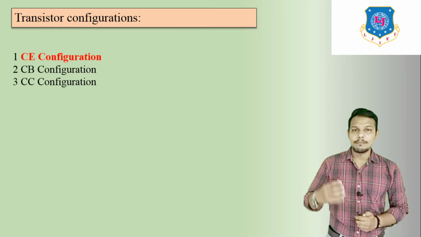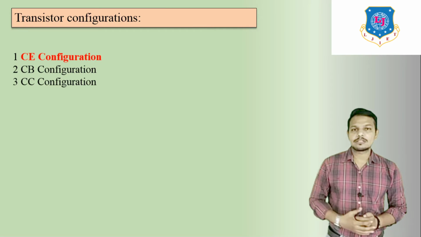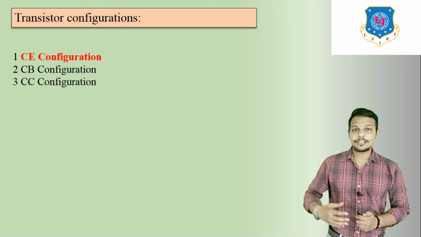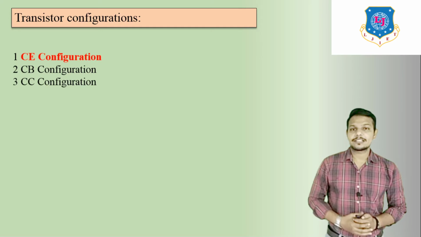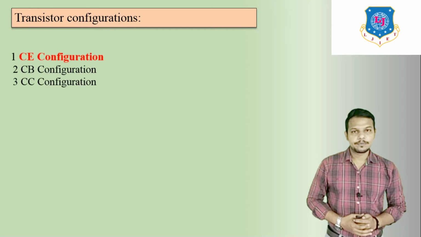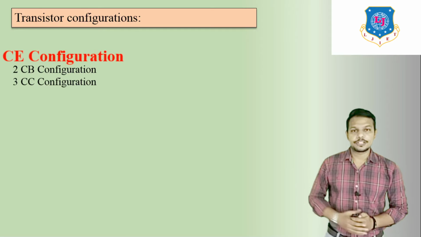If I consider base as common, that becomes common base configuration. If I take collector as common, that becomes common collector configuration. In this lecture we are going to discuss about CE configuration only.